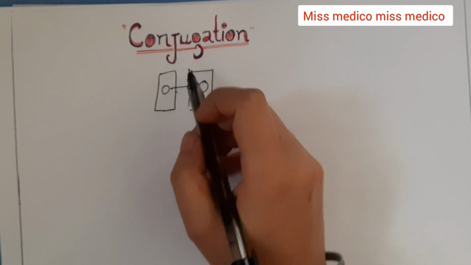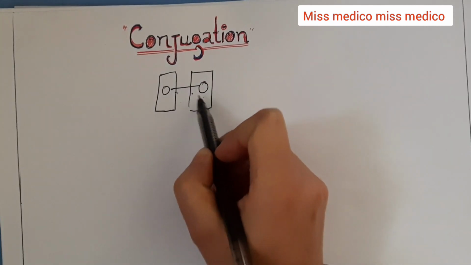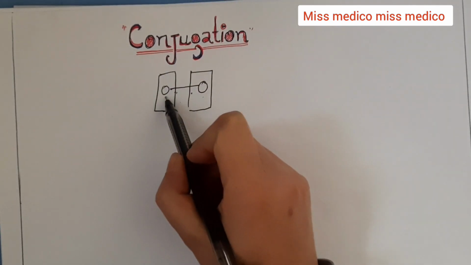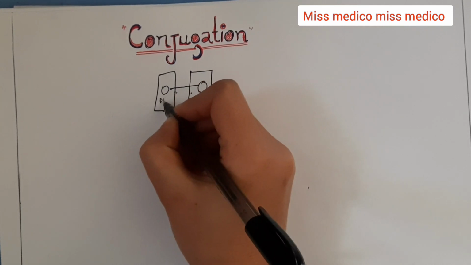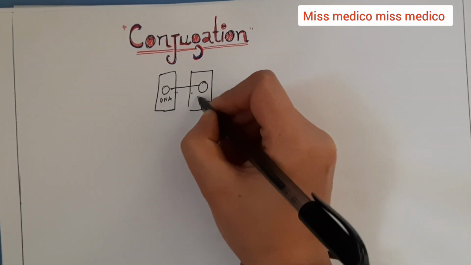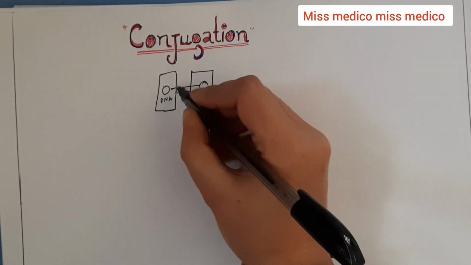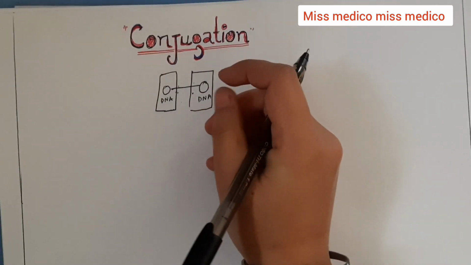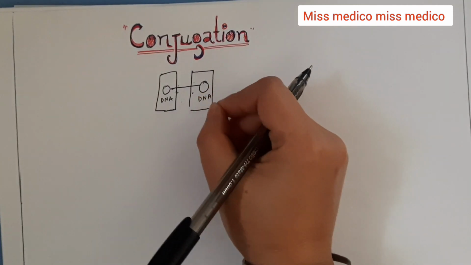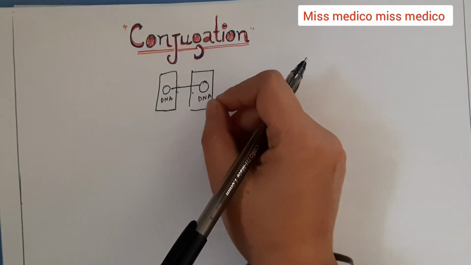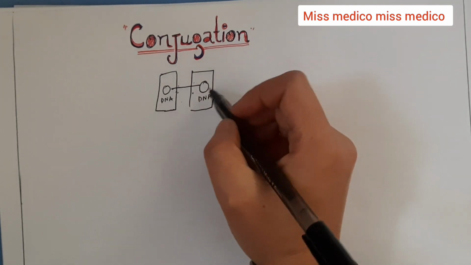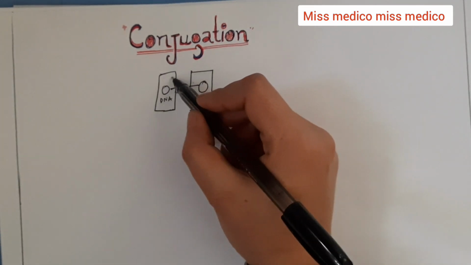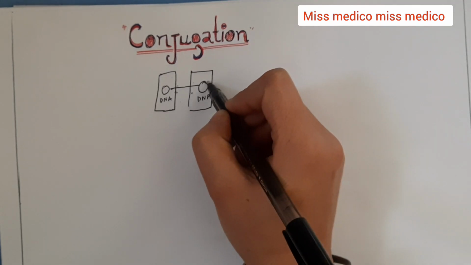In conjugation, there occurs cell to cell contact. From one bacterial cell, DNA is transferred to the other bacterial cell through this contact, and this results in an extremely efficient transfer or exchange of genetic information from one bacterial cell to another.